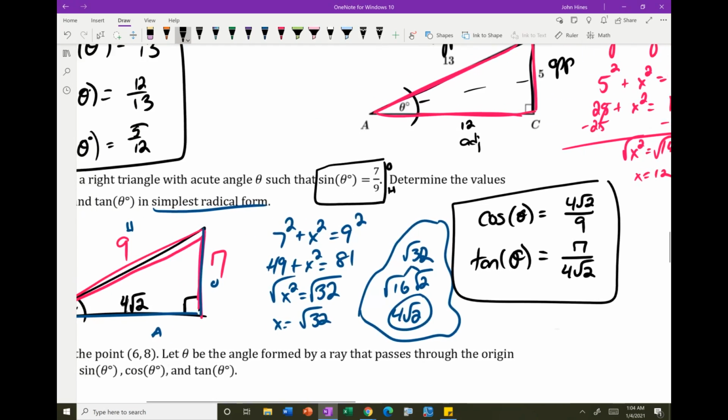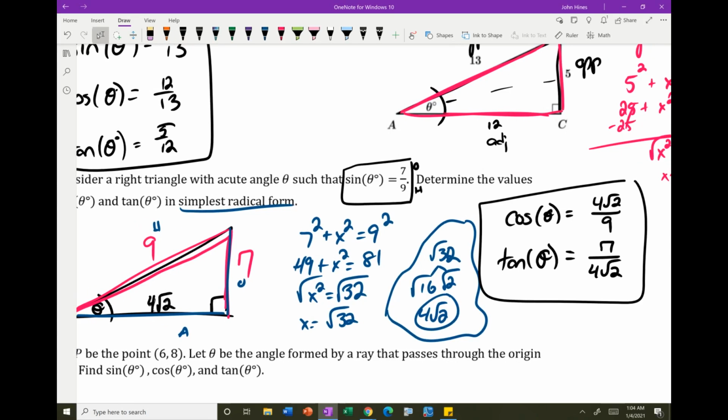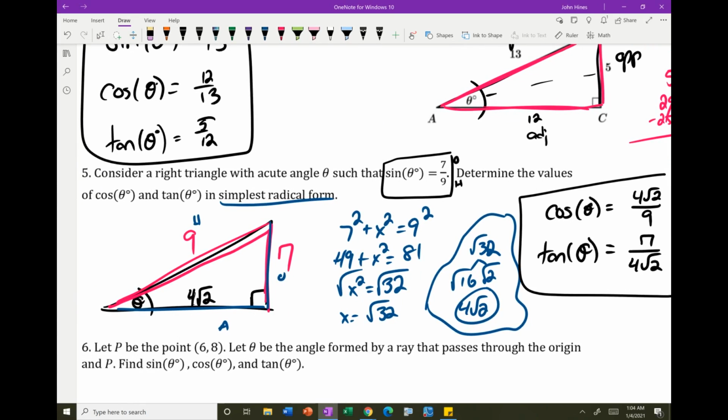I love it, someone said in a song once, so we'll just leave it as such. Draw a picture, Pythagorean Theorem, SOHCAHTOA. That's our game plan for most of this unit. Draw a picture, good old Pythagoras, SOHCAHTOA.